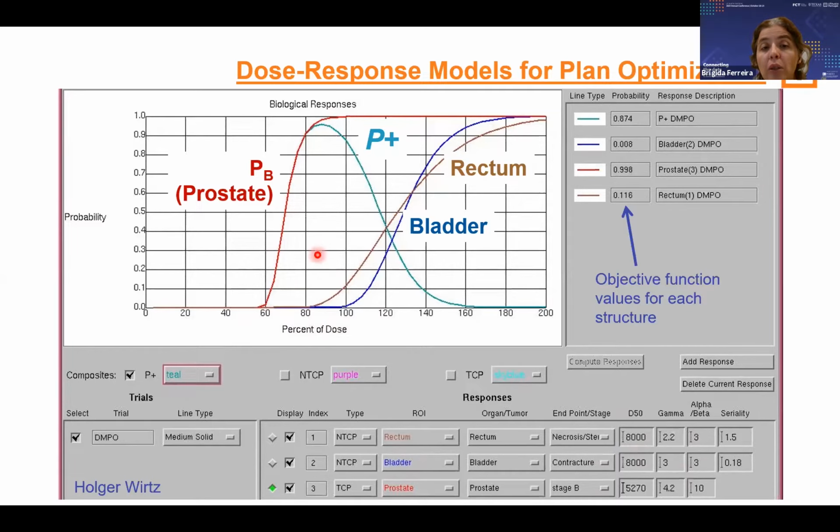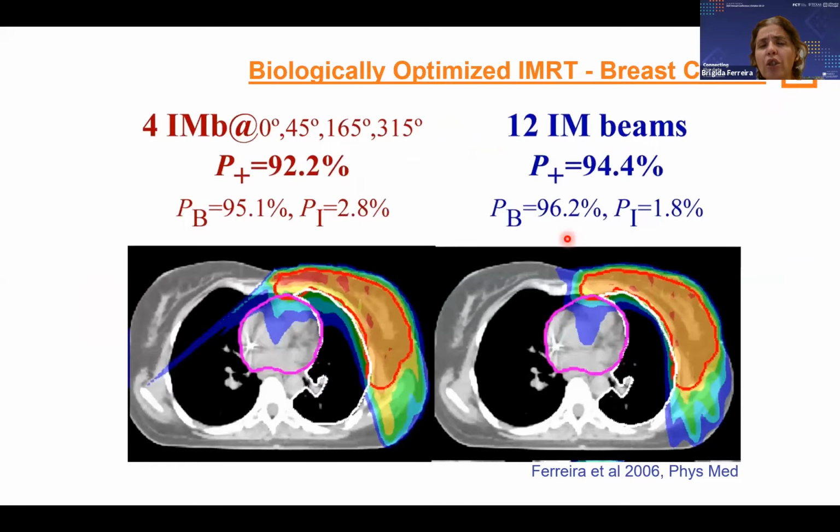The maximum value of P+ will correspond to the optimal plan, which gives here a value of 87.4, and the probability of complications for this treatment will be 0.8% for the bladder and about 11% for the rectum. Just to give you an idea, these are two dose distributions that were computed using biologically optimized radiation therapy.